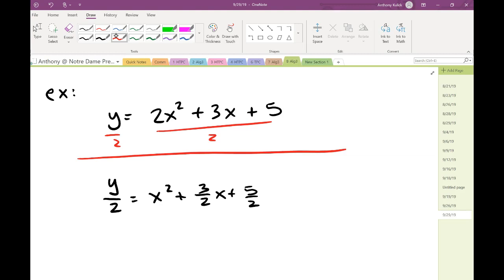What should I do next? Or what do I need to do next? I have to get those x's by themselves, right? So I have to subtract that 5 over 2, the c, from both sides.